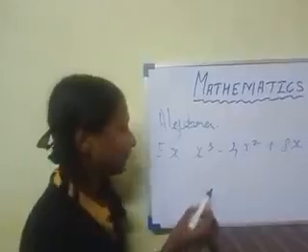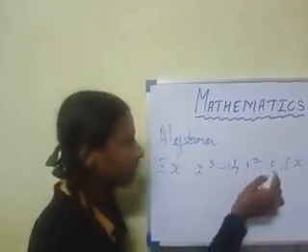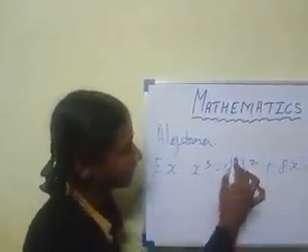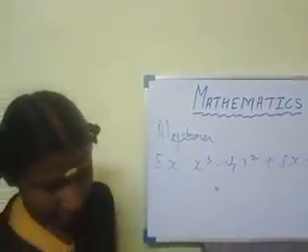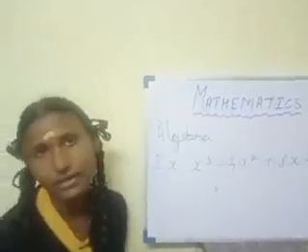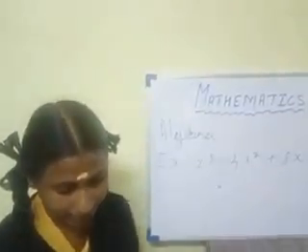Here it has the signs minus, plus, and minus, and in between there is the multiplication sign. This is an example for algebraic expressions.